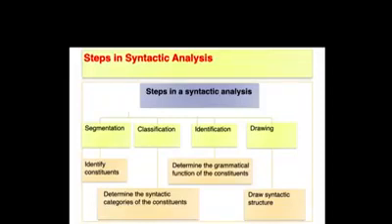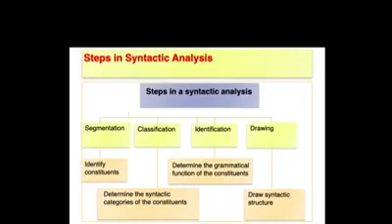There are different types of phrases, and you need to know what kind of phrases different strings of words make.